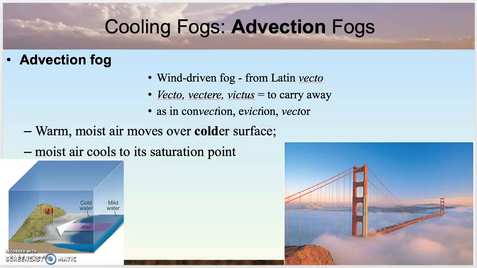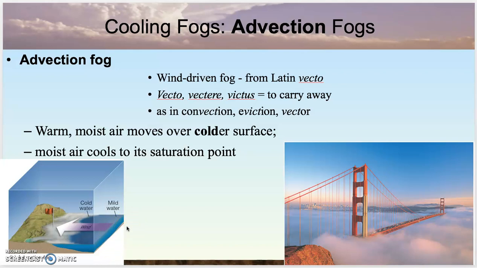In terms of advection fogs, frequently seen in San Francisco and along areas that have a very cool current. What is happening is that farther out in the Pacific, there is mild water that evaporates up.